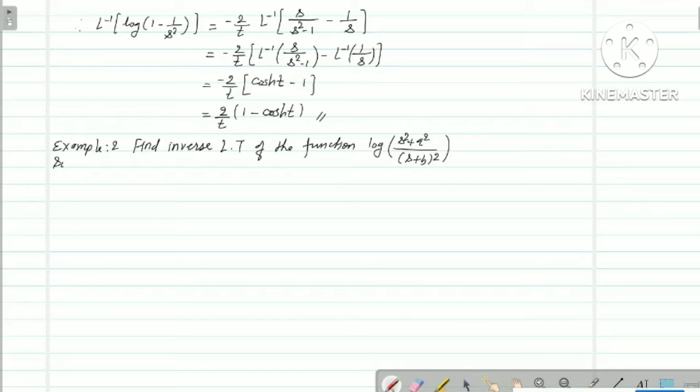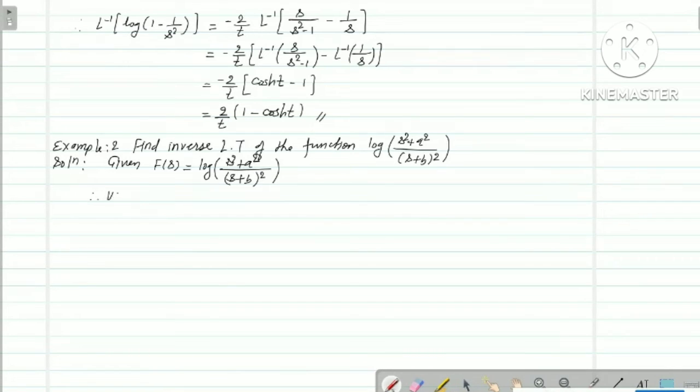So for the solution, we first write the given function as f of s. So f of s equals s square plus a square divided by s plus b the whole square. Okay, again we use differentiation of f of s.